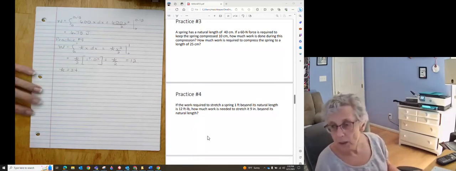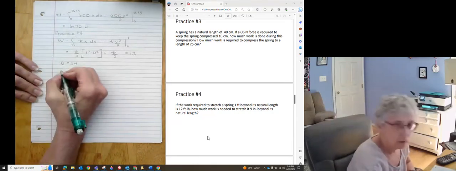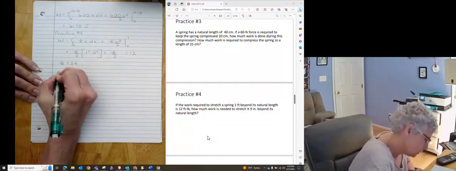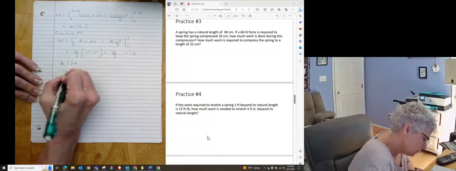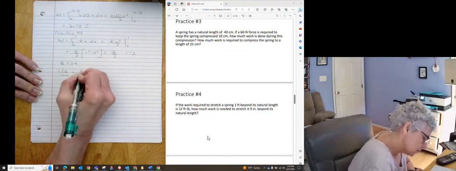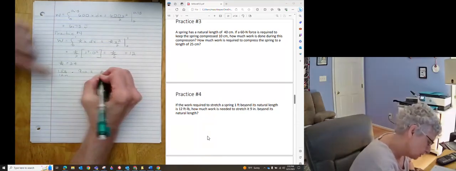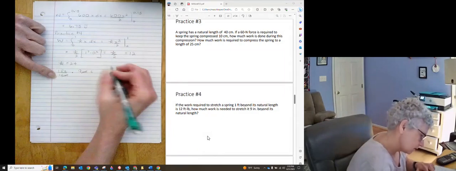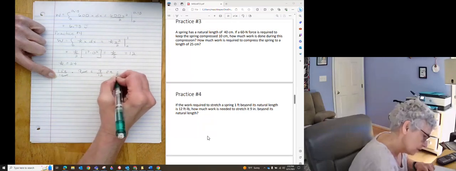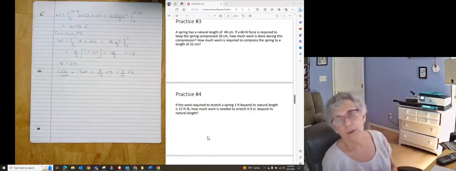How much work is needed to stretch it 9 inches beyond its natural length? I'm going to go ahead and convert 9 inches, even though I know you've already done it in your head. So 1 foot is equal to 12 inches. So 9 inches is equal to, inches cancels with inches, 9 over 12 feet, which is 3/4 of a foot.